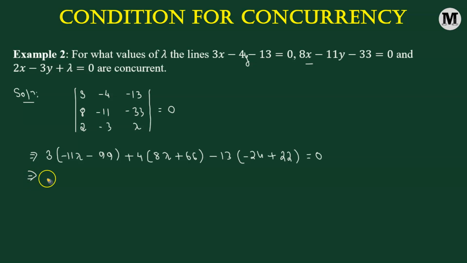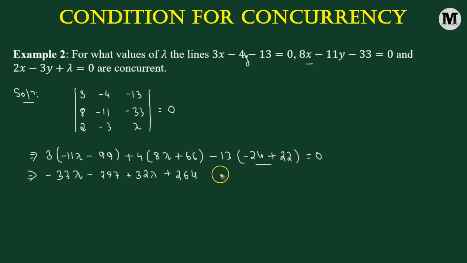So let's now expand. So we have 3 times negative 11 lambda, so that makes it negative 33 lambda, minus, now we have 99 times 3, so that's going to be 297, added to 4 times 8 lambda, that's 32 lambda, added to 4 times 66, that's 264. Then we have negative 13 multiplied to negative 24 plus 22, so this is going to be negative 2.